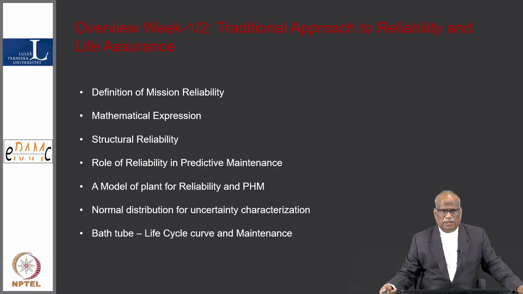Then the role of predictive maintenance, a model of the plant considering the safety systems, process systems and security systems, normal distribution for uncertainty characterization, and the bathtub curve. So we have almost seen the core of reliability engineering. Probably one or two problems you can see in different books and you will get a fair idea about it.